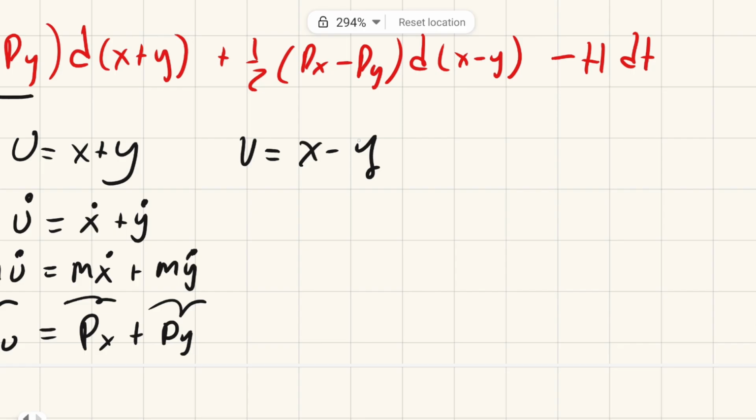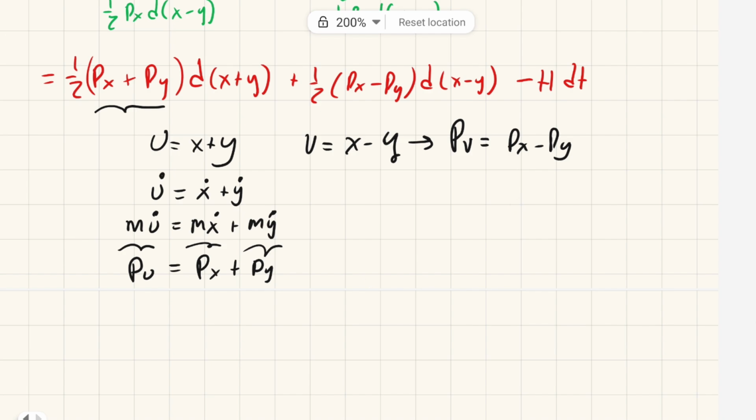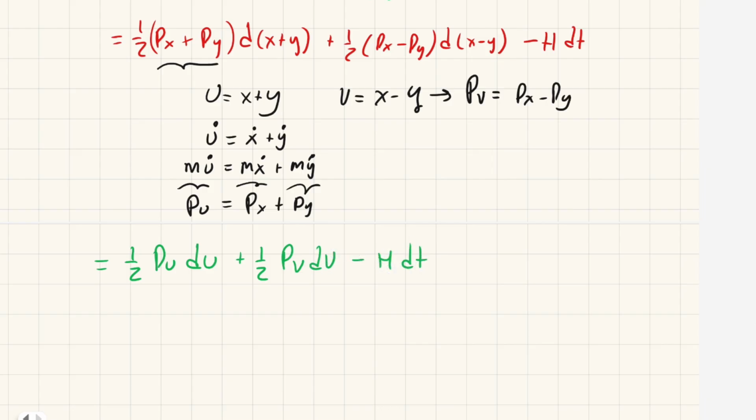That same thing happens here, where we can get pb equals px minus py. So that means that we can rewrite our conclusion as 1/2 pu du plus 1/2 pb db minus h dt.